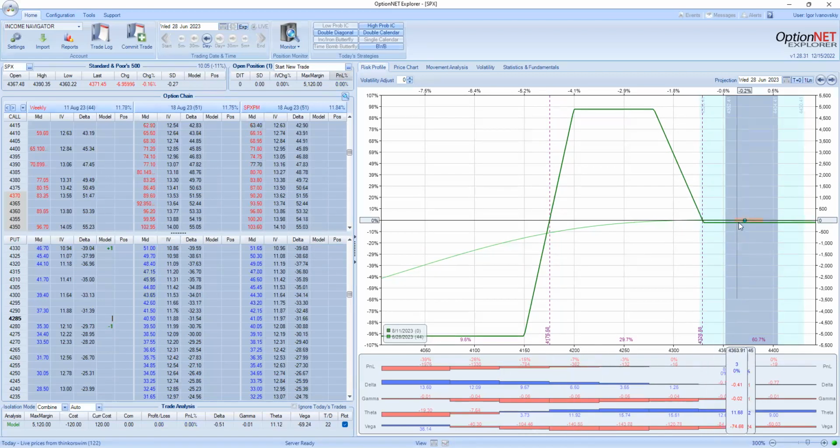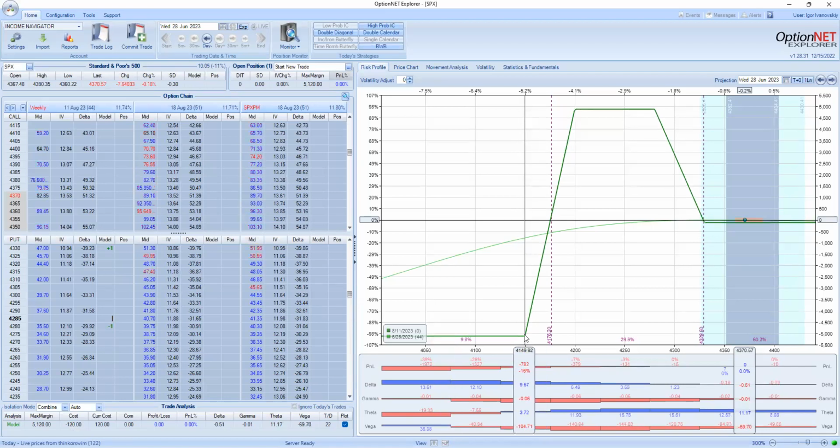And now, since we are paying a small debit, we're introducing upside risk, which is $1.20. Our downside risk is the $5,000 plus the debit that we're paying, or $5,125.